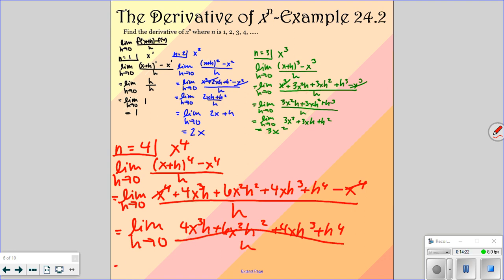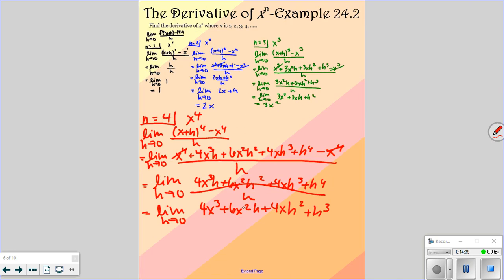And then an h will cancel out, and you end up with 4x cubed plus 6x squared h plus 4x h squared plus h cubed. And then when you plug in a 0 for your h's, you end up with just 4x cubed.